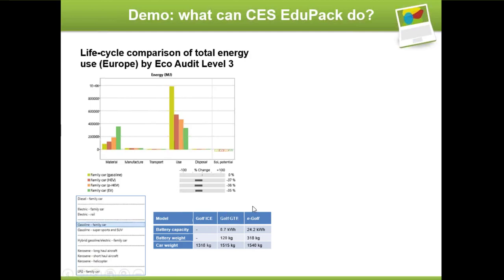Now, the data that we need for batteries and energy needs and so on, I have got from Volkswagen Golf, which provides a good starting point, because they have the full range of vehicles.